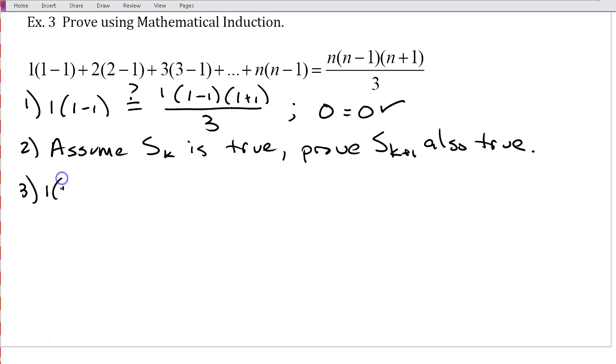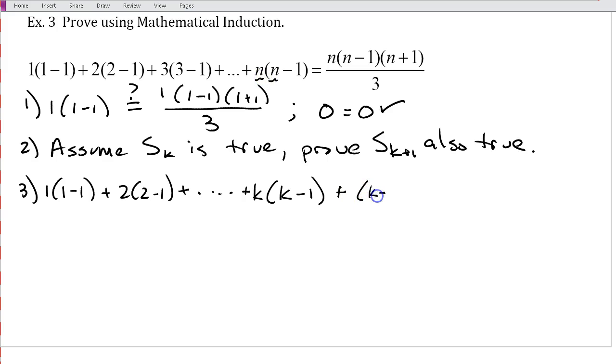So I have 1 times 1 minus 1 plus 2 times 2 minus 1 plus all the way up to k times k minus 1. And then the next term, the k plus 1 term, so all of these spots here I'm going to plug in k plus 1. So I have k plus 1 times k plus 1 minus 1.